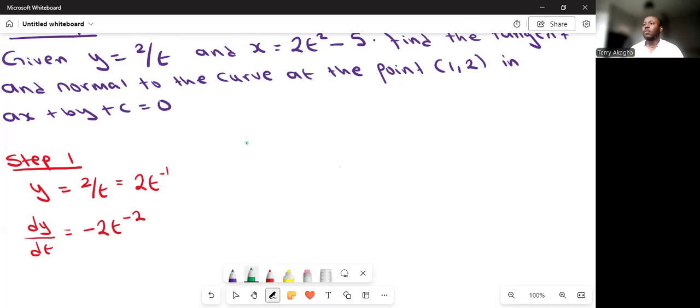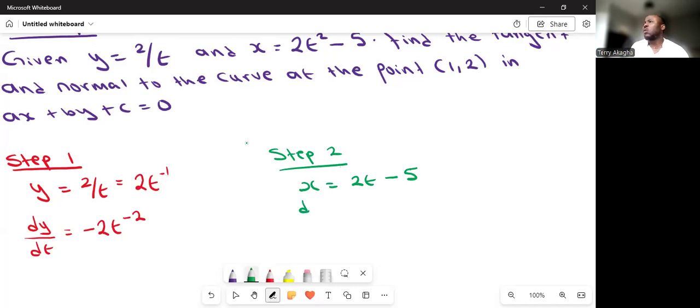Now the next one is step 2. I told you then you have to differentiate x with respect to t to give you dx over dt. So we have x is equal to 2t squared minus 5. Then the next thing we now have to find is dx over dt.